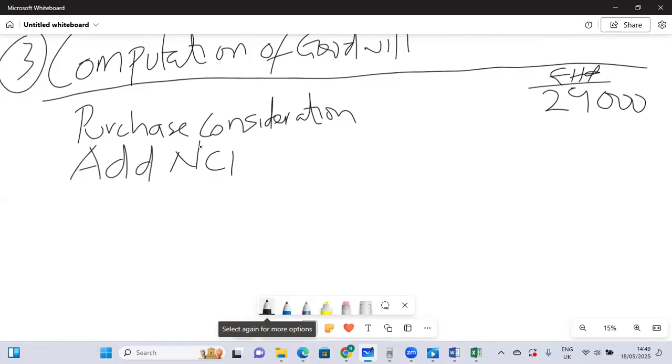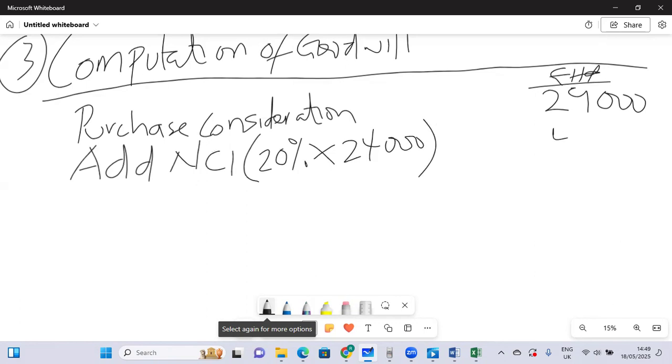With that one, when you are computing for NCI, you do depreciation. So now NCI at the proportionate share is going to be 20% times its net asset at acquisition, which is 24,000.